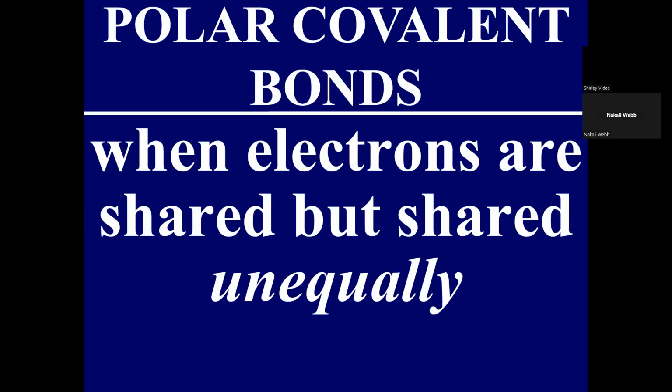Polar covalent bonding, okay? So these are when they're shared, but unequally, like I was explaining, the milkshake. So water is an example. It's very polar. Why is that? Well, remember electronegativity increases to the right and up the periodic table, right?